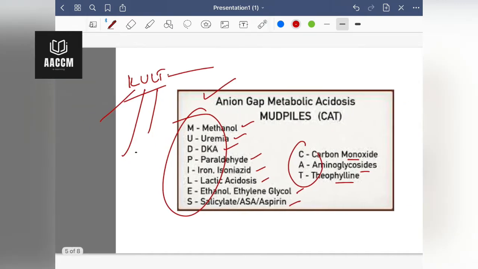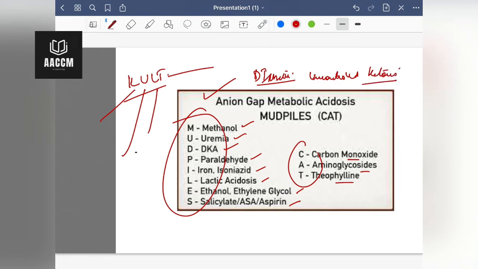Now, what are the reasons for high anion gap metabolic acidosis? The anion gap is affected by changes in the unmeasured anions. So, let's take an example of diabetes. If the patient has uncontrolled diabetes, there is an increase in ketoacidosis due to metabolism of ketones.